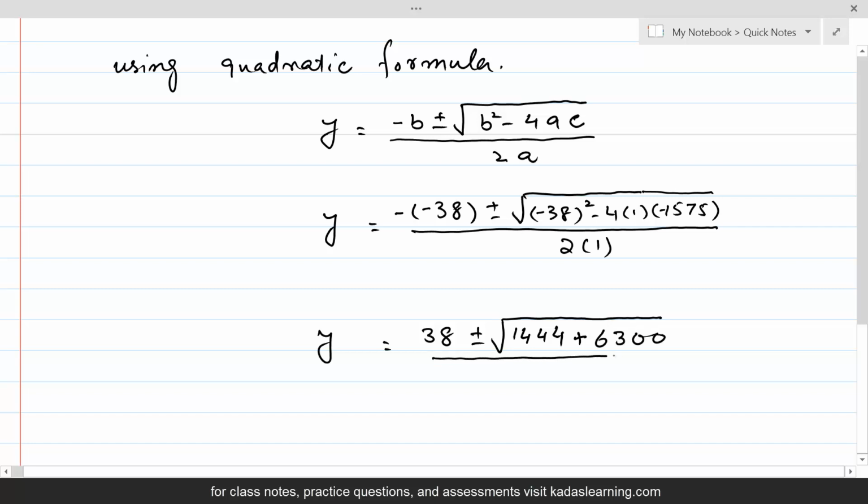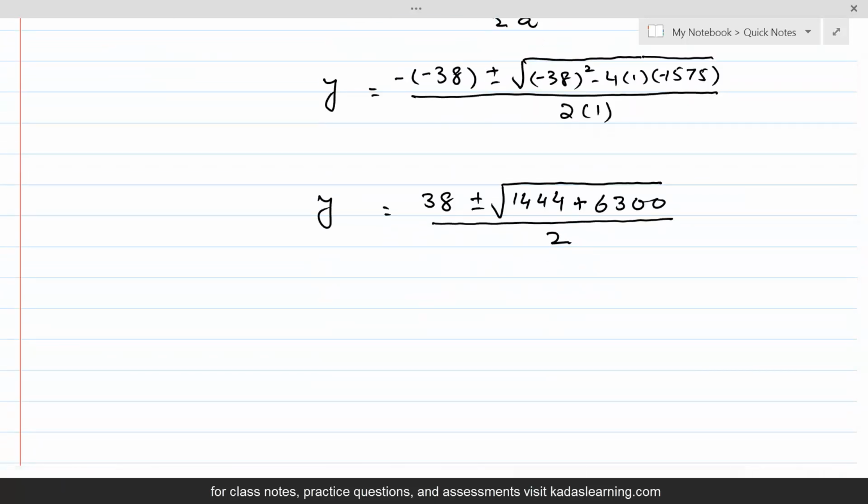And now by taking the square root of the sum, that will be equal to 38 plus minus 88. If we add up 1444 plus 6300 and then take the square root, this will be 88, and we'll divide this sum by 2.